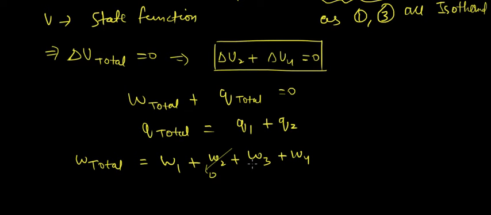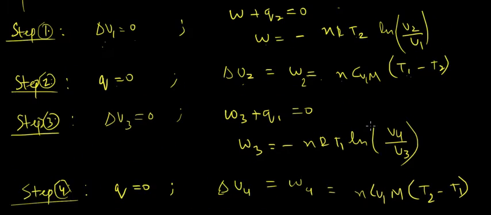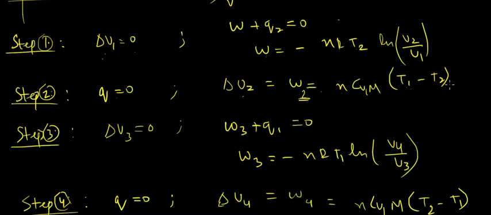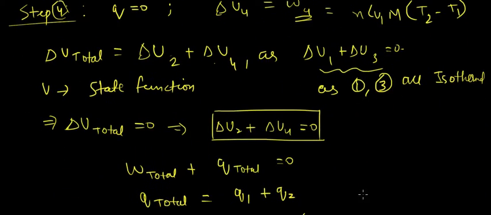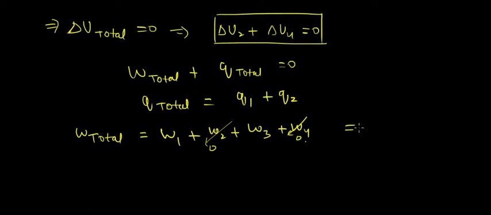W2 and W4 would sum to 0, because we know that W2 is equal to n CV m (T1 minus T2), and W4 is equal to n CV m (T2 minus T1). So these two cancel out each other, hence W2 plus W4 is 0. So W total is nothing but W1 plus W3.